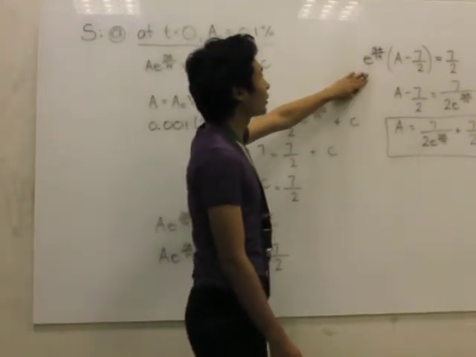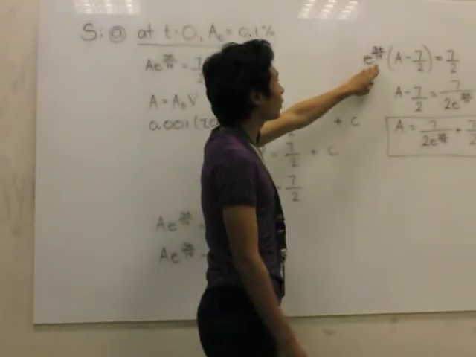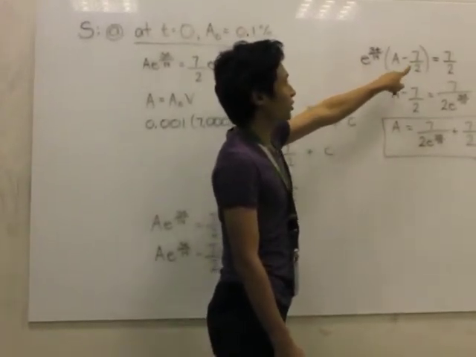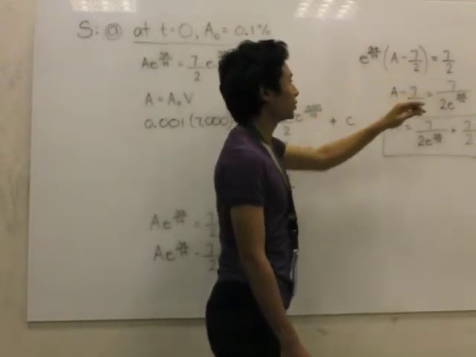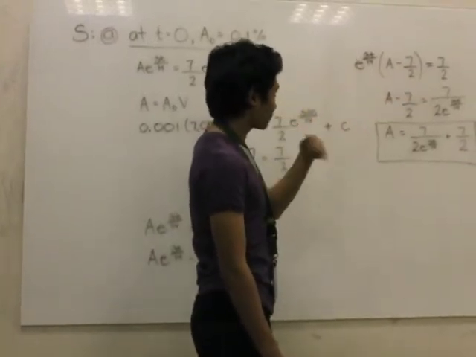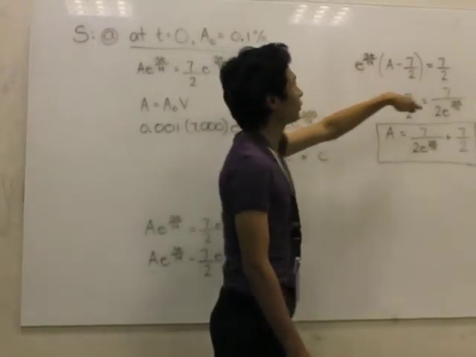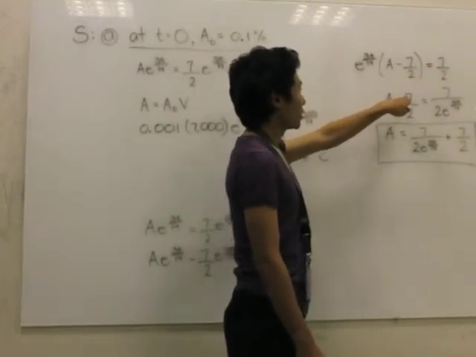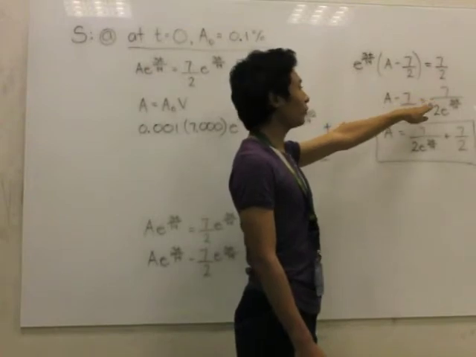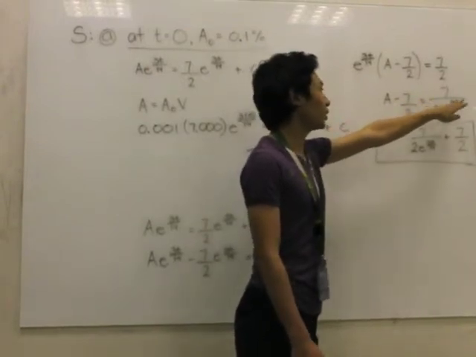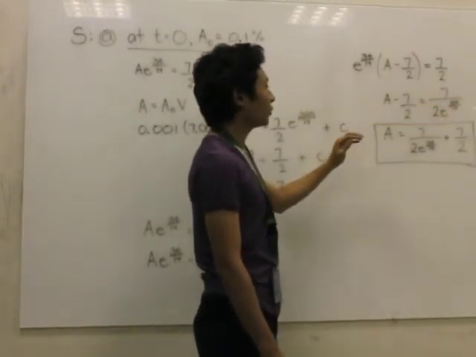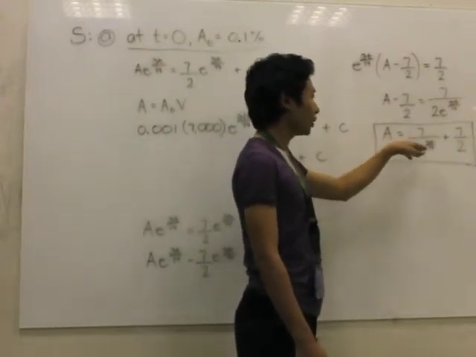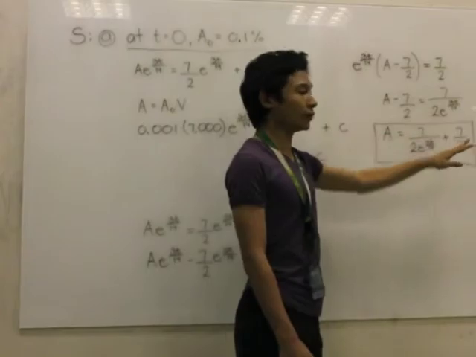Now we'll have e raised to 3t over 14 times A minus 7 over 2 equals 7 over 2. And then we can put e to the other side. We'll have A minus 7 over 2 equals 7 over 2 times e raised to 3t over 14. And then we'll have A equals 7 over 2 e raised to 3t plus 7 over 2.